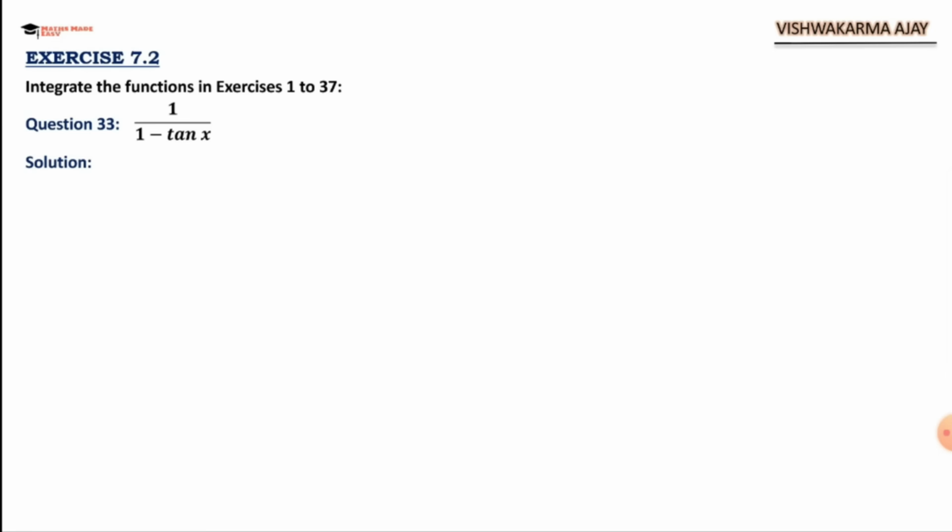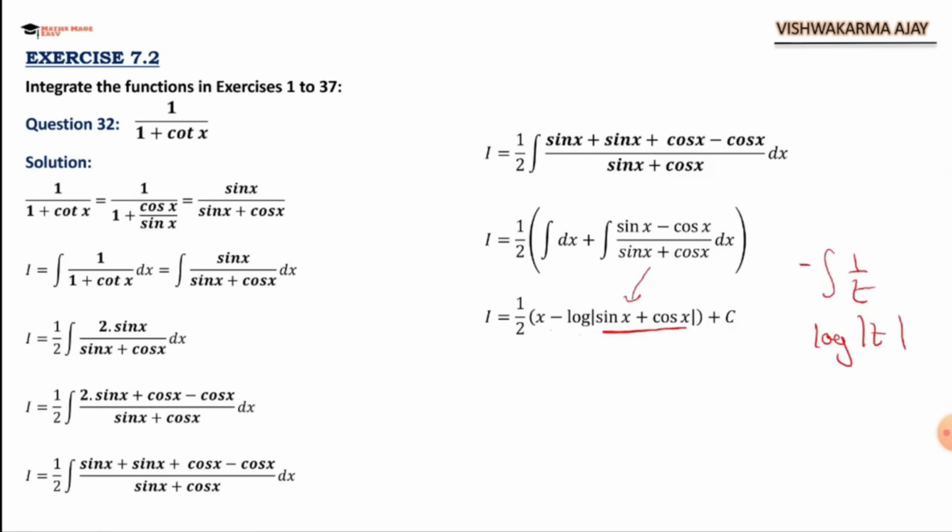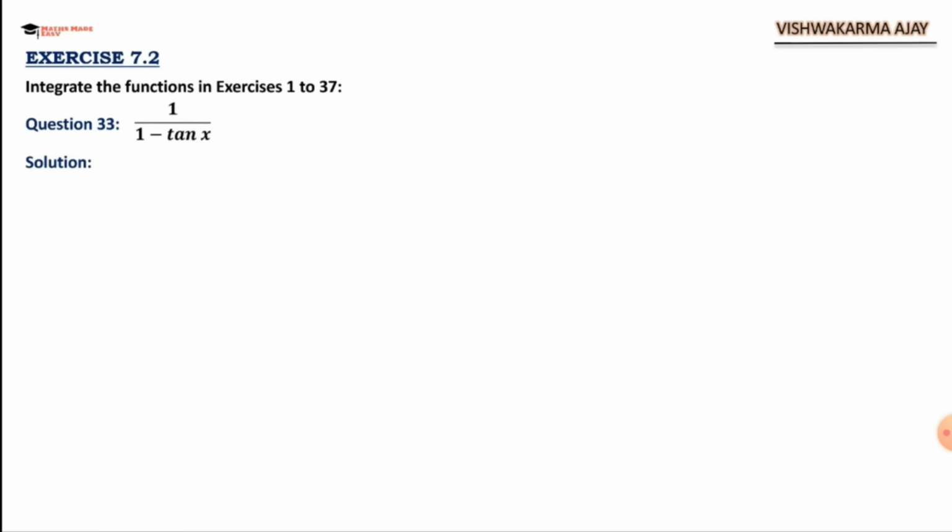The previous question was 1 upon 1 plus cot x, and this is 1 upon 1 plus tan x. So my intention is to take you till there, and then you will continue it by yourself. Let us write 1 upon 1 plus sin x upon cos x.